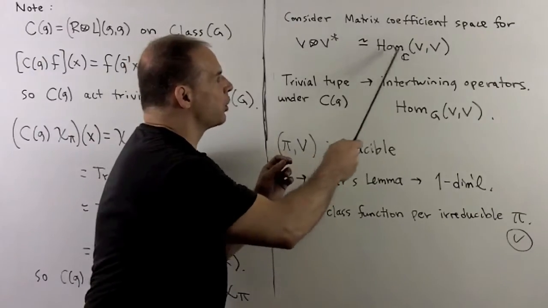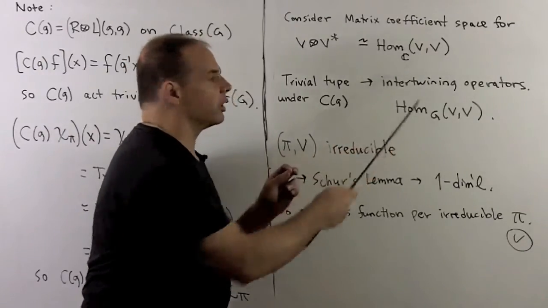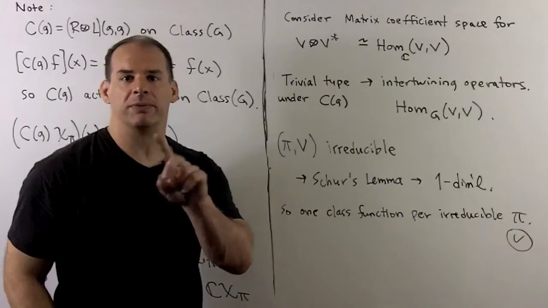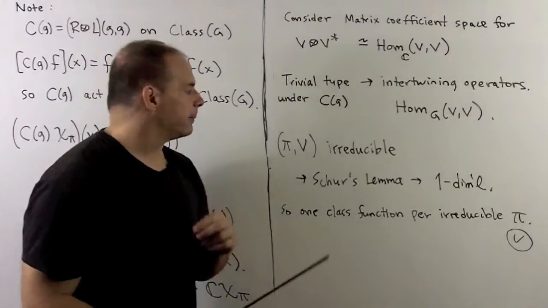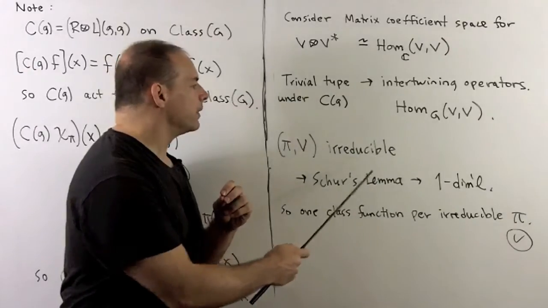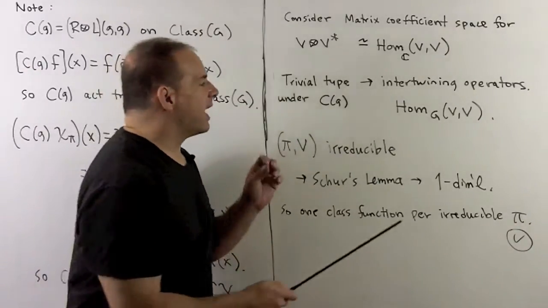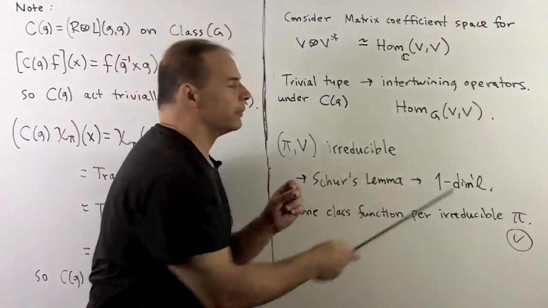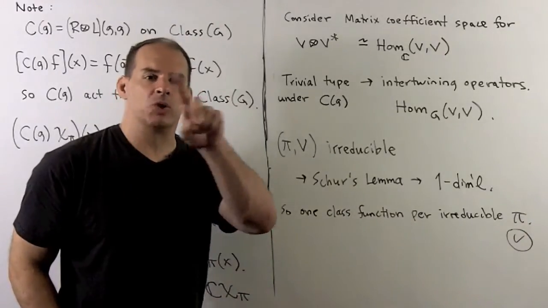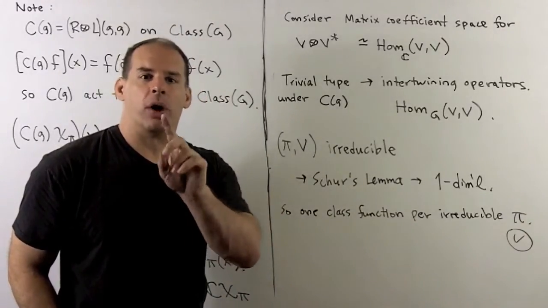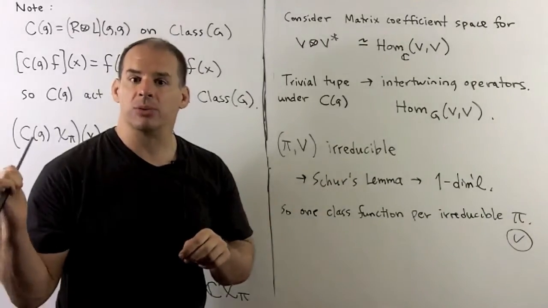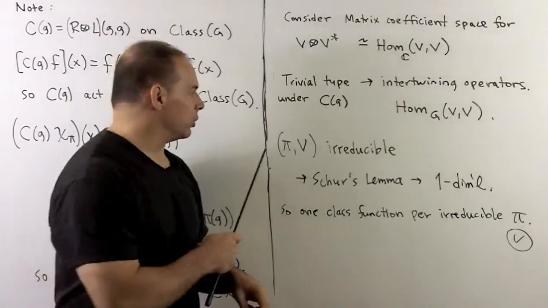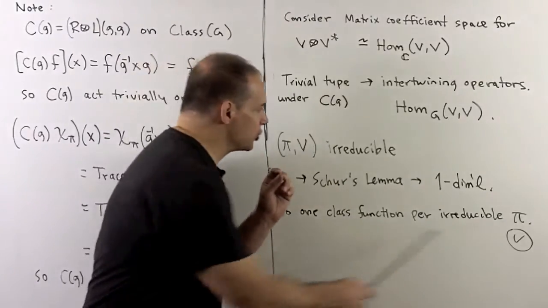Now, the trivial types over here under the usual action are just going to be the intertwining operators from V to itself. So if we're considering an irreducible block, our pi V is irreducible, Schur's lemma says that this space is one-dimensional. So coming from each irreducible block, we're only going to have a one-dimensional space of class functions. We already know that comes from the span of the character for the irreducible, and that's going to be our result.